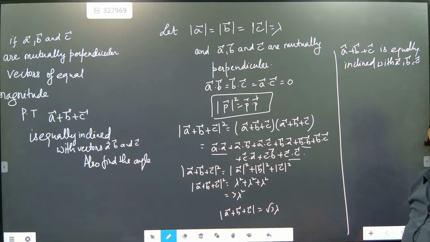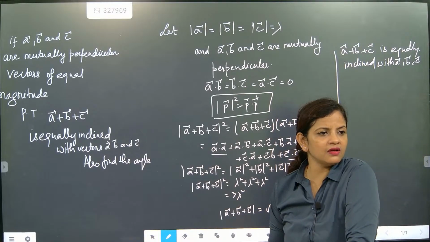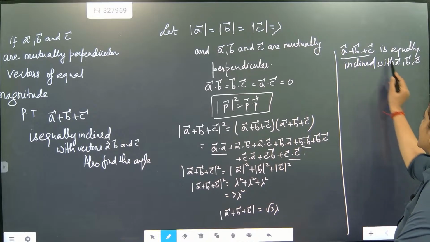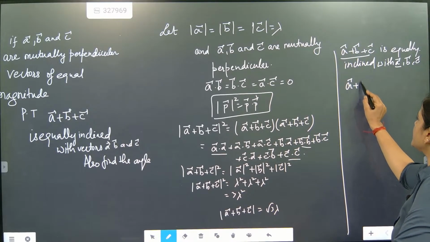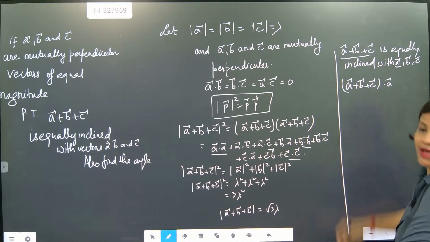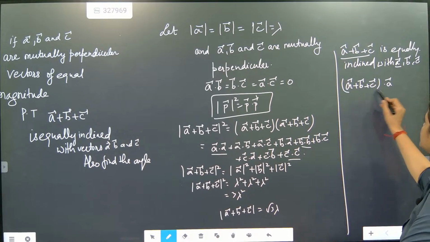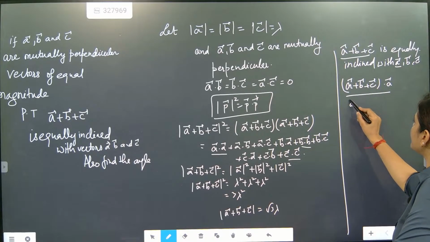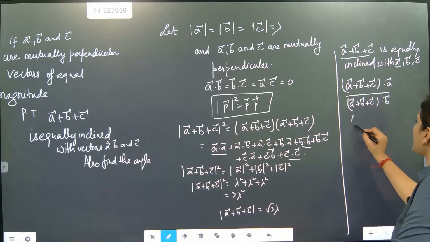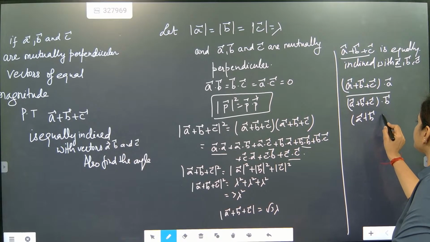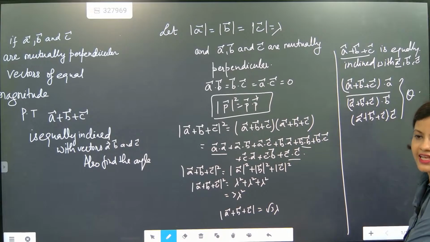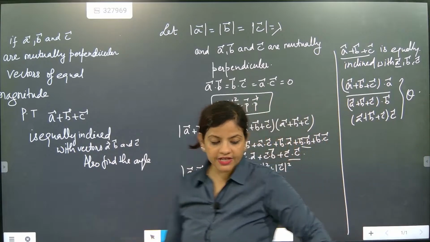So if they are equally inclined, then the angle will be the same. The angle between A vector plus B vector plus C vector and A vector, the angle between A vector plus B vector plus C vector and B vector, and the angle between it and C vector will all be the same, because equal inclination is given.